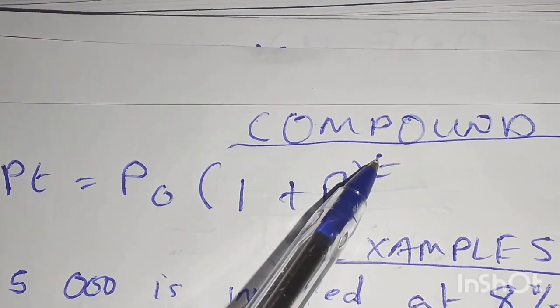So the formula for compound interest is PT is equal to P0 multiplied by 1 plus r to the power t. So this PT represents future value, then P0 represents present value, which is the principal. Then r is the rate, and this is time.